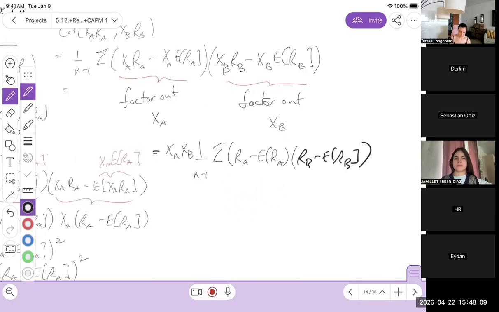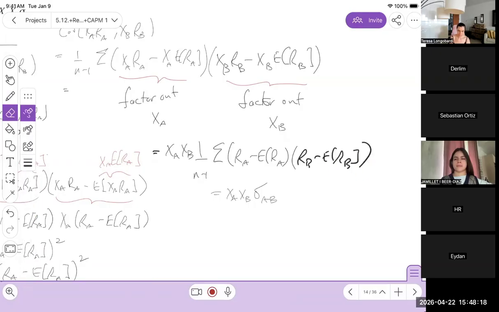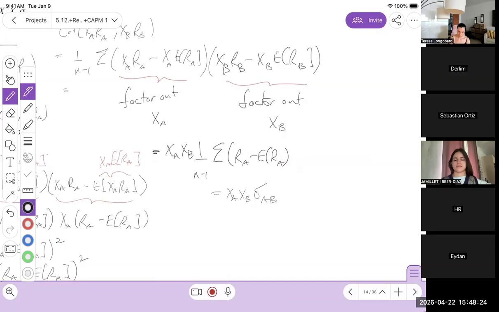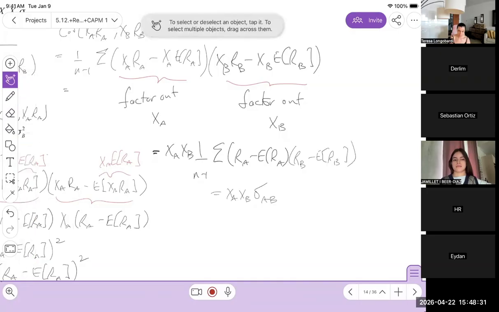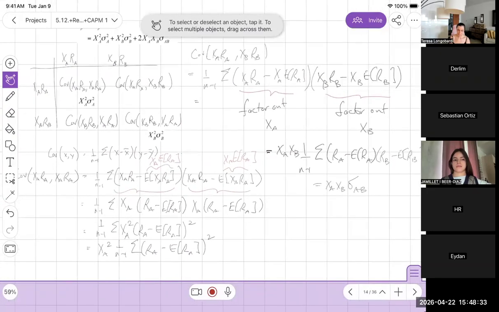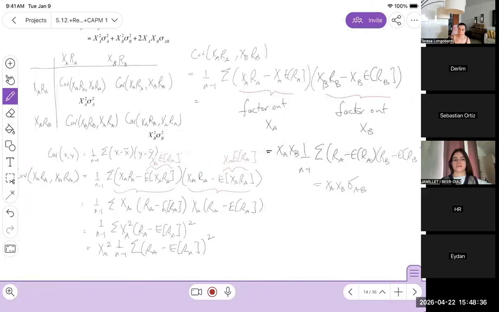So this is equal to XA, XB, covariance AB. All right, so this one is going to be the rest.